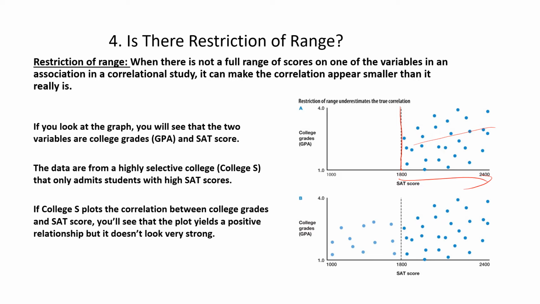If we actually admitted everyone to college, not looking at the SAT scores, and then looked at their GPAs and compared them, you'd see that the relationship is a bit stronger, meaning that there is a relationship between SAT scores and college GPA. It's just not showing up, or it's weak here, when you've got that restriction of range.